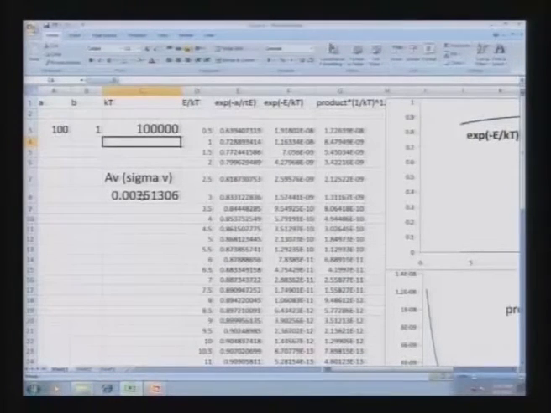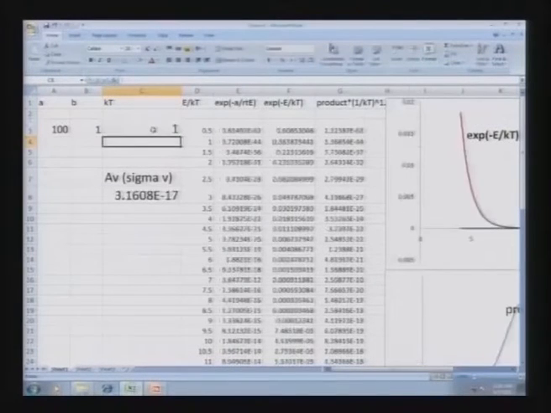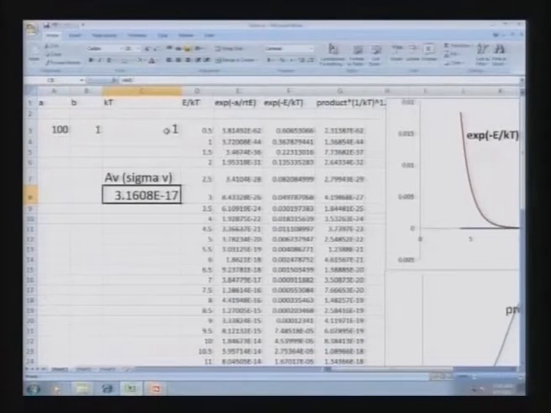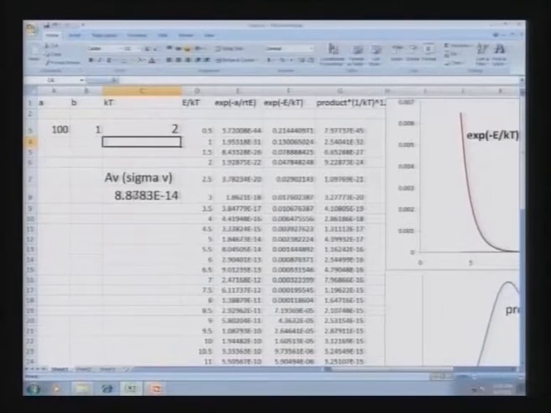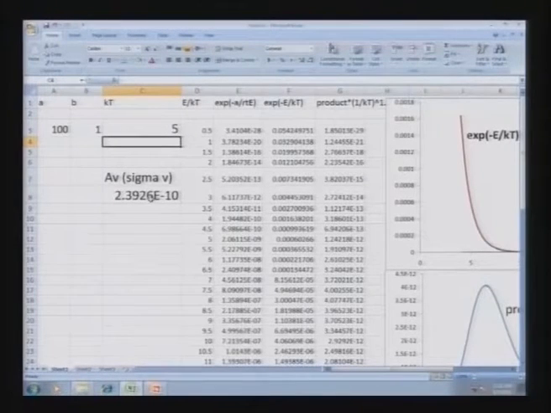So, if you go to very high temperatures, then the value of sigma v will again start decreasing. Initially it increases: at 1 keV it is 10 to the power minus 17, from 1 if I go to 2 it is 10 to the power minus 14, and from 2 if I go to 5 it is 10 to the power minus 10.